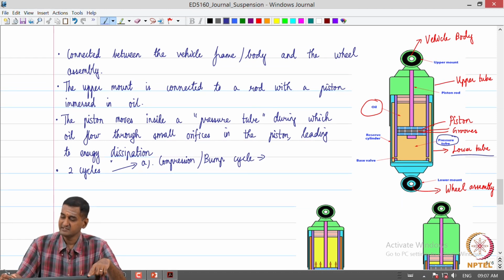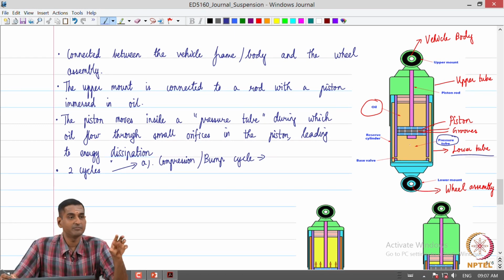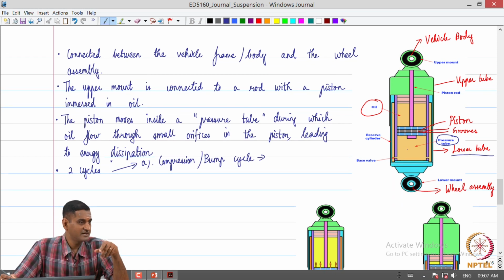In this cycle, the piston moves downwards with respect to the pressure tube, and consequently the fluid below the piston is pressurized and flows through the orifices.